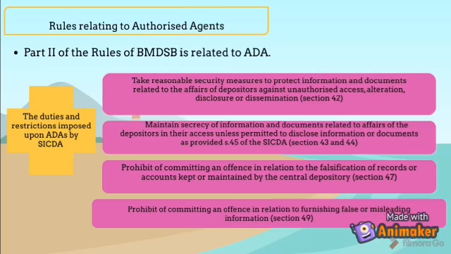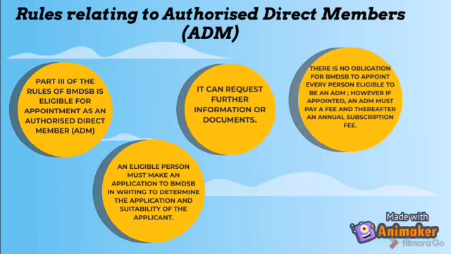The duties and restrictions imposed upon ADAs by SICDA are: take reasonable security measures to protect information and documents related to the affairs of depositors against unauthorized access, alteration, disclosure or dissemination, Section 42; maintain secrecy of information and documents related to the affairs of the depositors and their accounts unless permitted to disclose information or documents as provided in Sections 43, 44 and 45 of the SICDA; prohibition of committing an offense in relation to the falsification of records or accounts kept or maintained by the Central Depository, Section 47; and prohibition of committing an offense in relation to furnishing false or misleading information, Section 49.